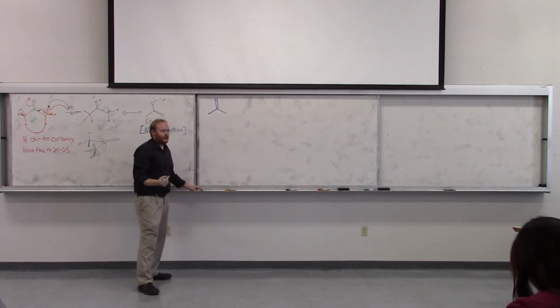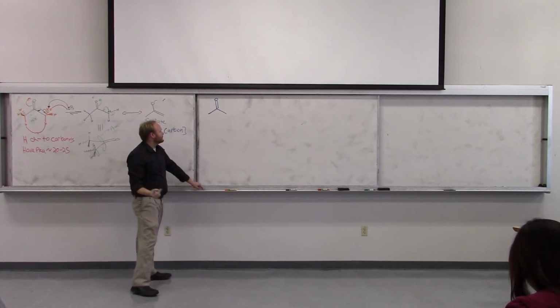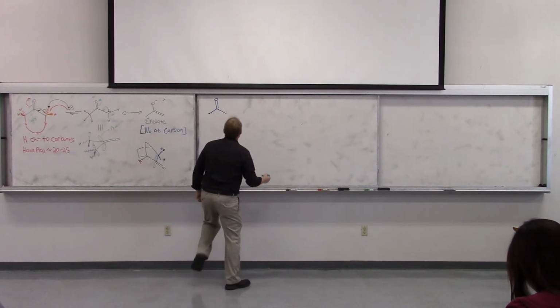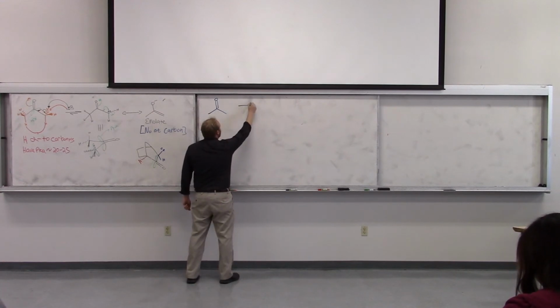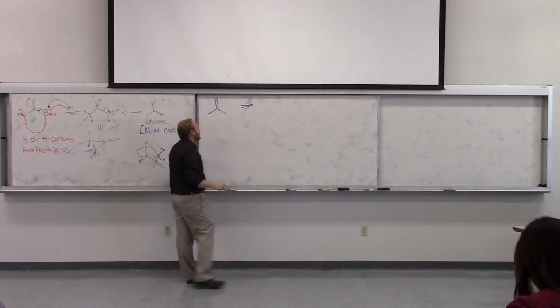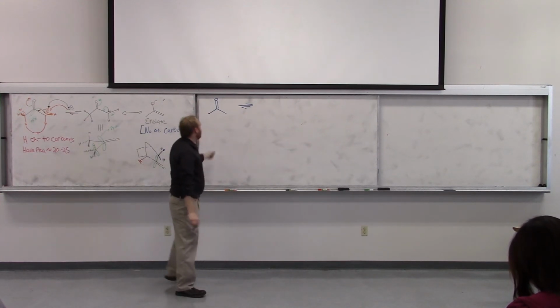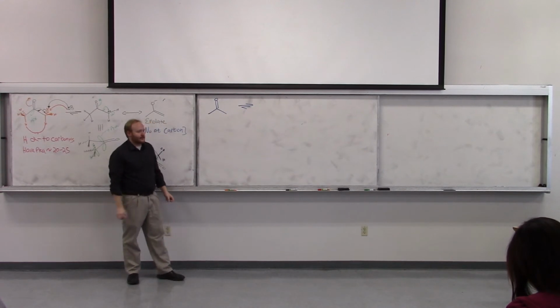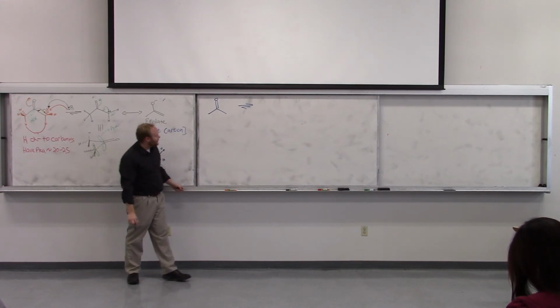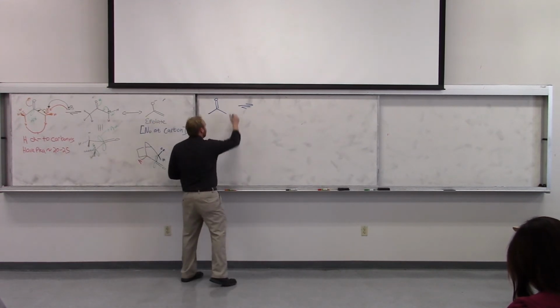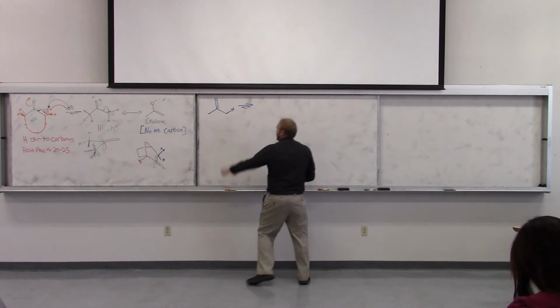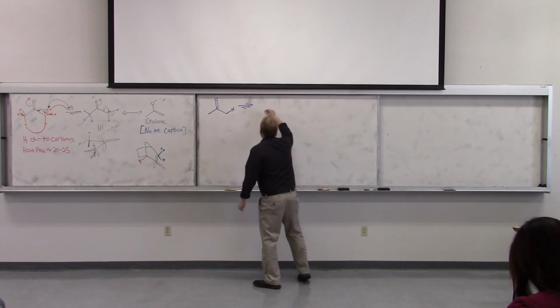So here's acetone, here's a typical ketone. In this case, I'm drawing equilibrium arrows, not resonance arrows. All carbonyls have the possibility to exist as a tautomer between the carbonyl form and what we call the enol form.